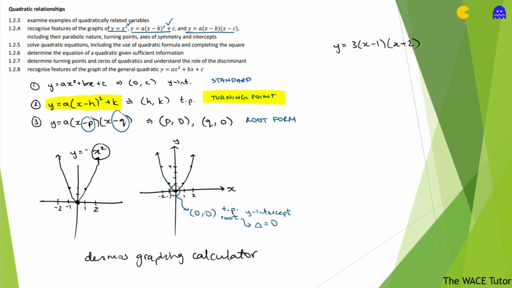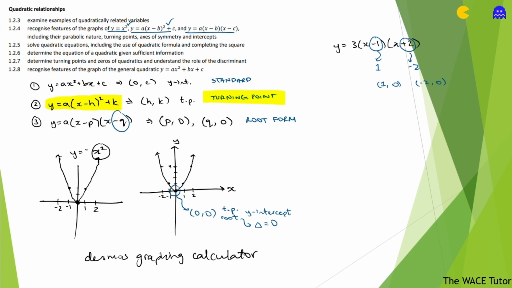Okay? And so the immediate thing that we know is this is the root form. We know that our roots will be p and q. In this case, our p is 1, and our q is negative 2. So we know we have 2 points at (1, 0) and (-2, 0).